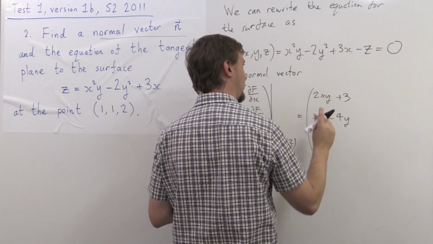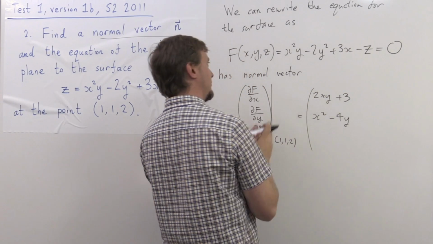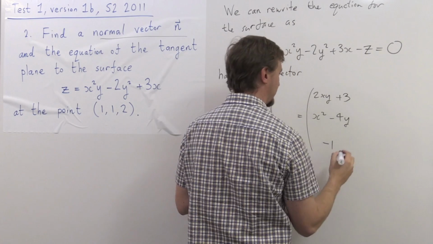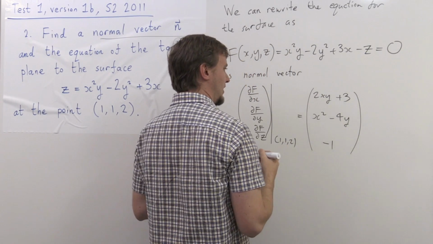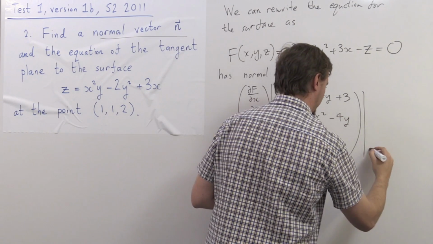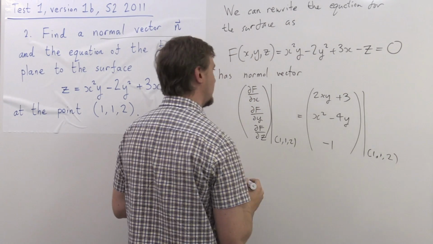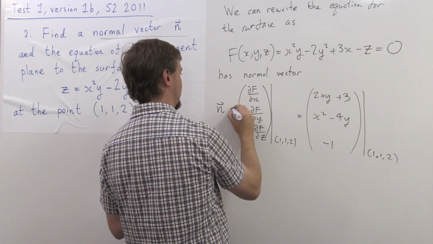Everything else gives me 0, those are all treated as constants. And the partial derivative with respect to z, these are all zeros and you have a minus 1, which is actually the same answer you'd get from another technique. I'm evaluating that at the point 1, 1, 2. I should give it a name. It's what's called n.